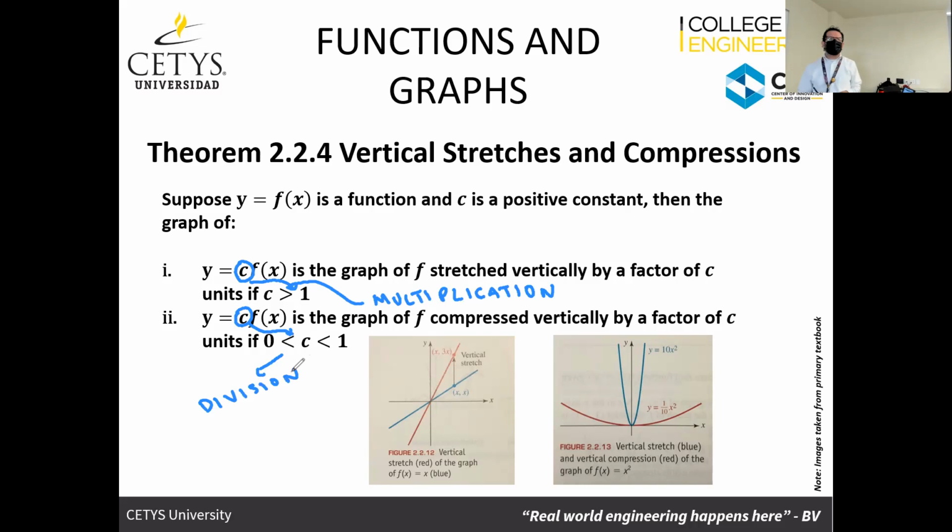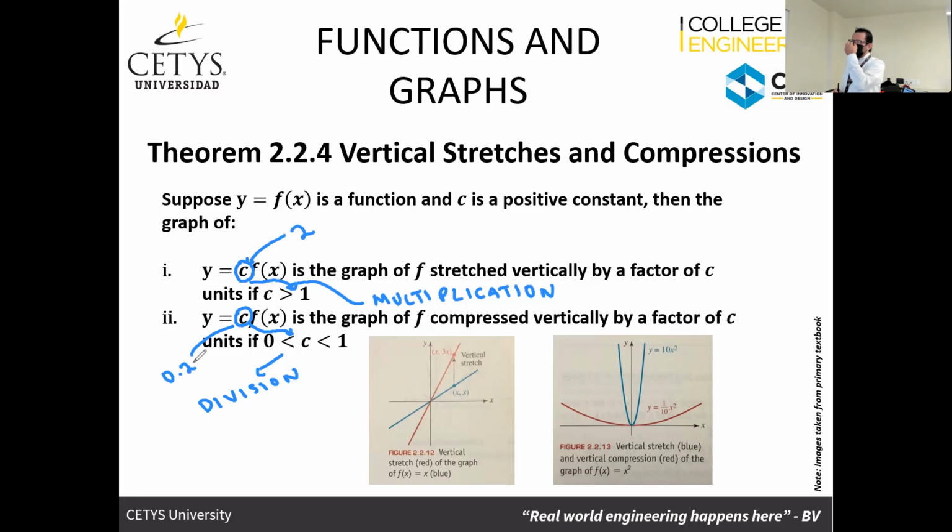Because if I'm multiplying by 0.1, it's the same as saying I'm dividing by 10. Just to be clear, for example, in this case, C would equal 2. Over here, for example, C would equal, I don't know, 0.2.